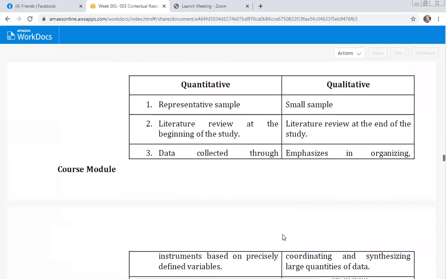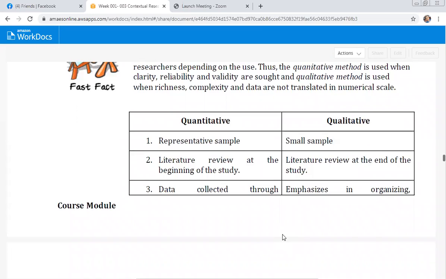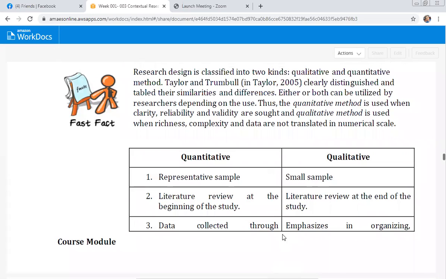For quantitative research, class, from the word quantity, you need a representative sample as compared to qualitative research, which requires only a small sample.